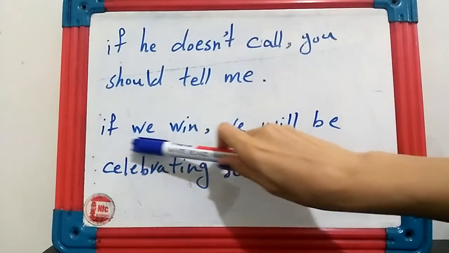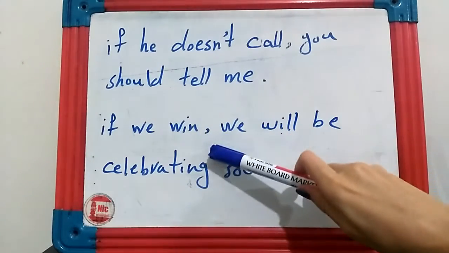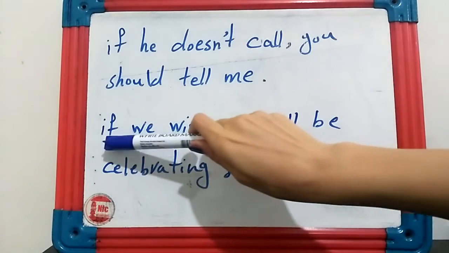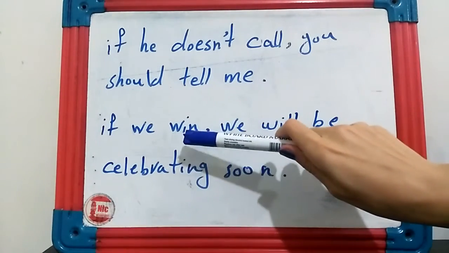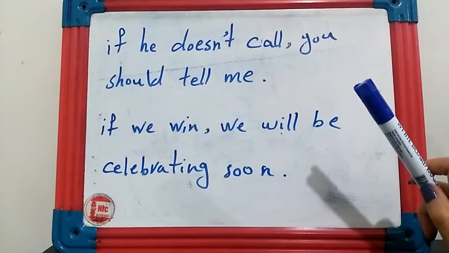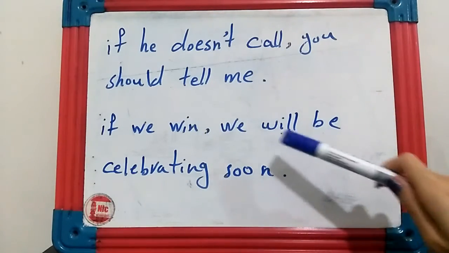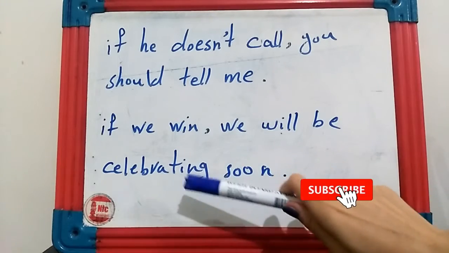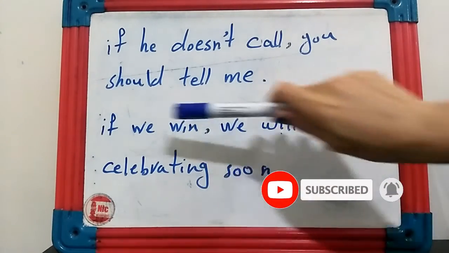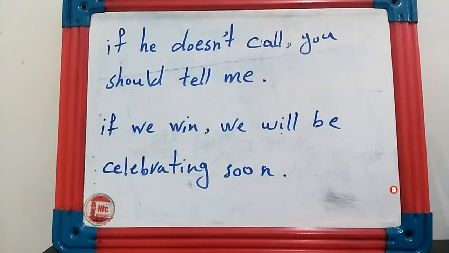After if clause we should write comma. Our if clause sentence should be present. Win, doesn't, they are present tense. And our main clause, it should be future. Will is future. Modal verb is again future.